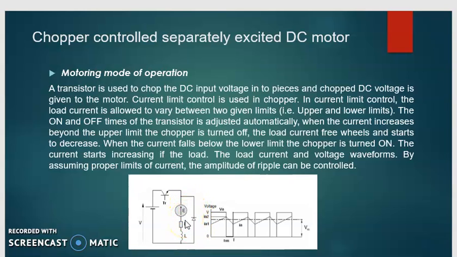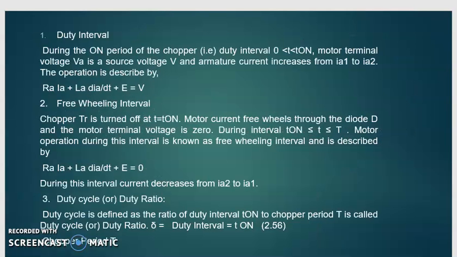Now we will learn about duty interval and duty cycle. The duty interval is also known as the powering interval. During the on period of the chopper, that is the duty interval, the interval lies between 0 and T on. The motor terminal voltage VA is the source voltage V, and the armature current increases from IA1 to IA2, as we have seen in the circuit.